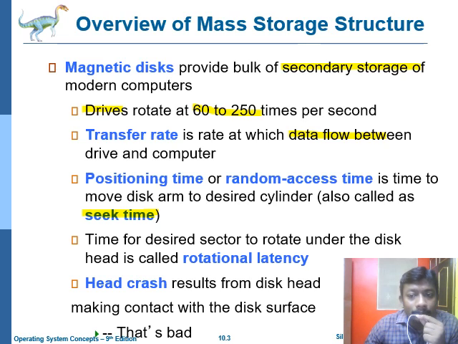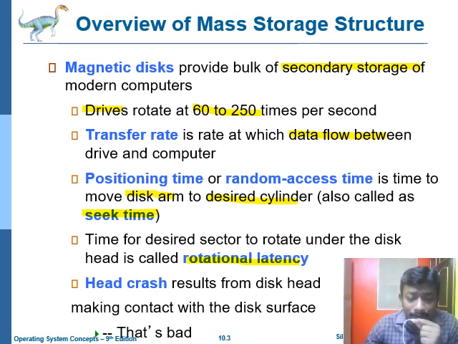This is the time to move the disk arm, which we saw in the previous slide, to a desired cylinder in that hard disk. And then the third factor is the rotational latency, which is the time for a desired sector to rotate under the disk head.